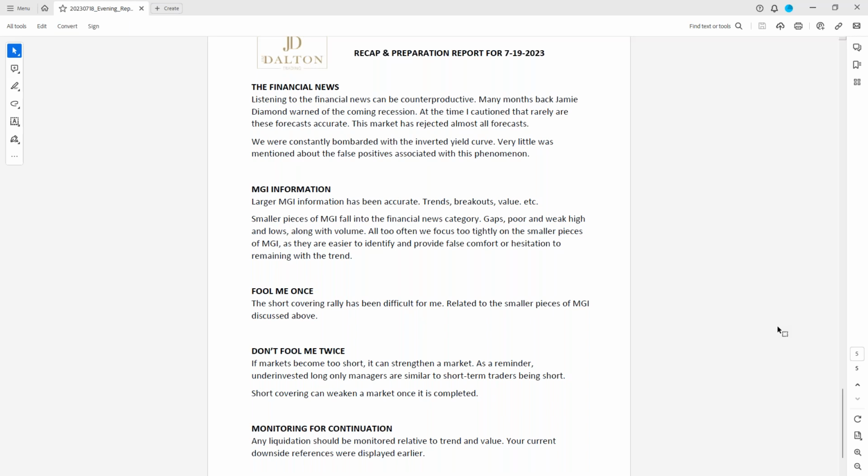That's where we are. The next thing I put on this report is fool me once. So the short covering rally, and remember, even on the longest time frame, once the short covering rally is over, it can have the effect of weakening the market. So be aware of that.